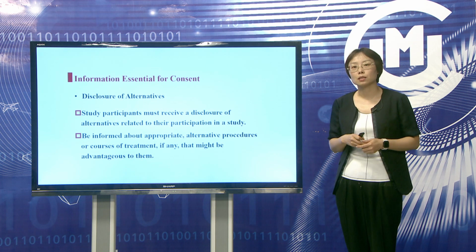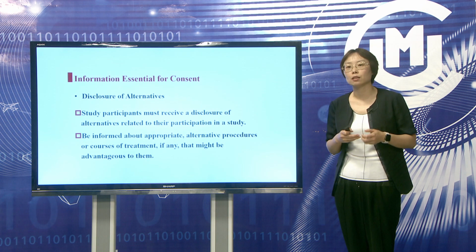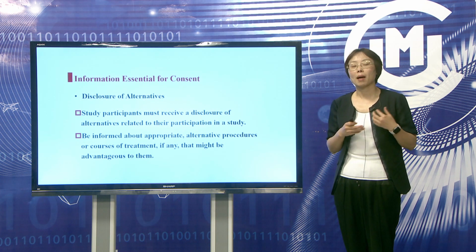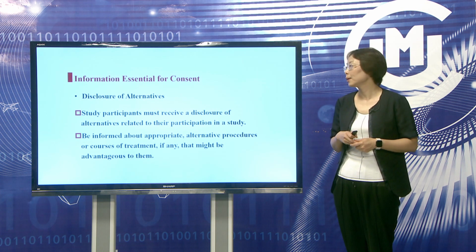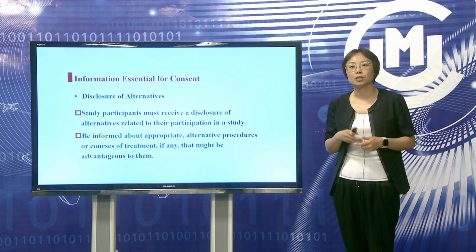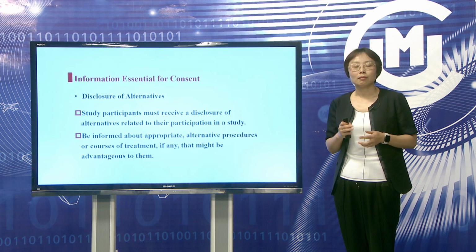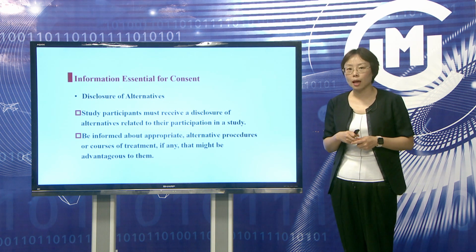Study participants must receive a disclosure of alternatives related to their participation in a study. They must be informed about appropriate alternative procedures or courses of treatment, if any, that might be advantageous to them.